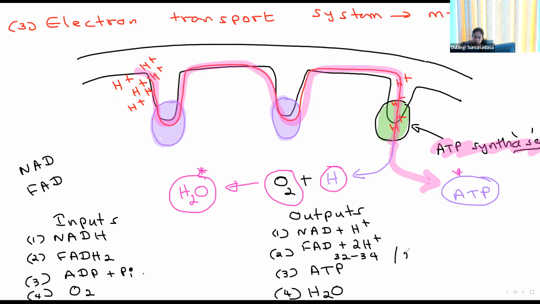But now Vika says 26 to 28. There was always a range. If your school says 32 to 34, it's okay, right? Normally they accept a range.